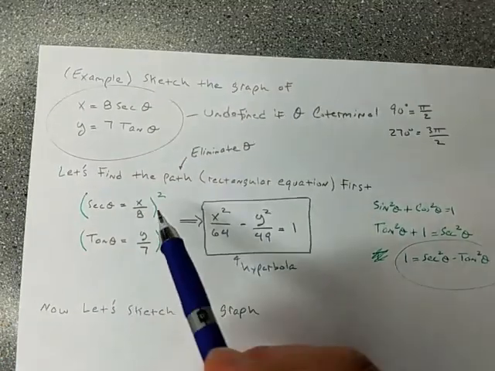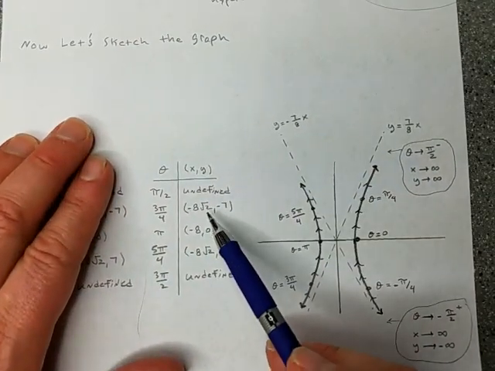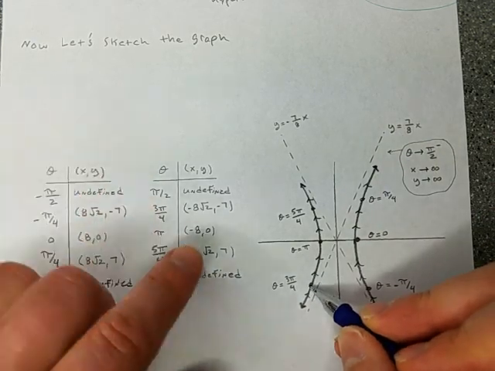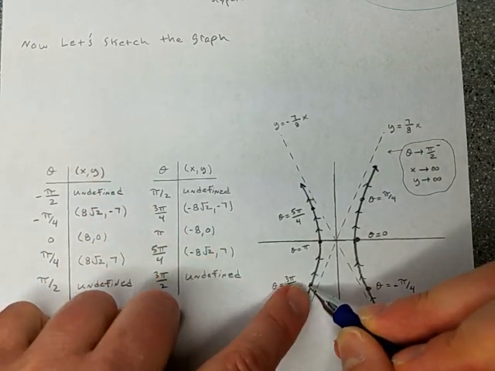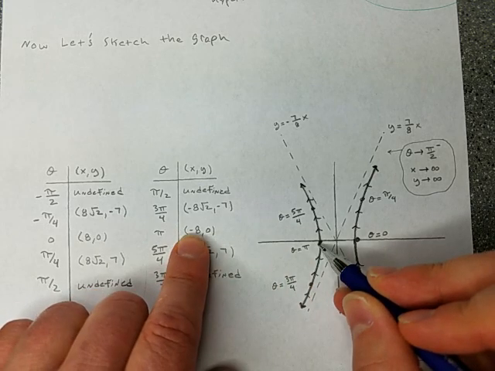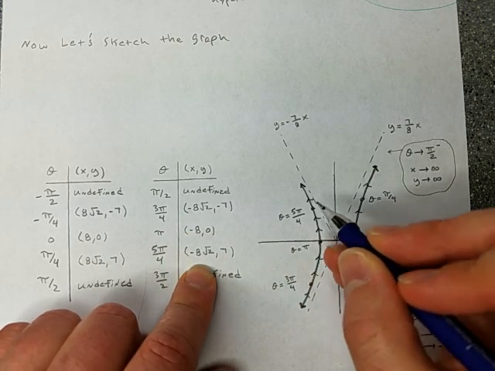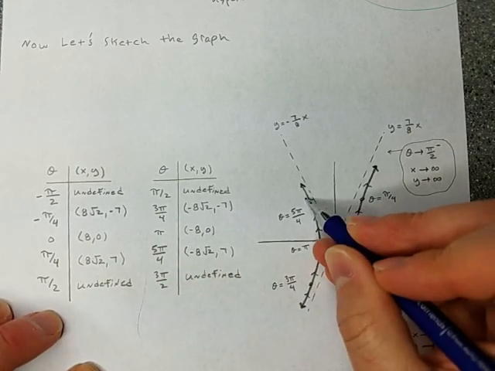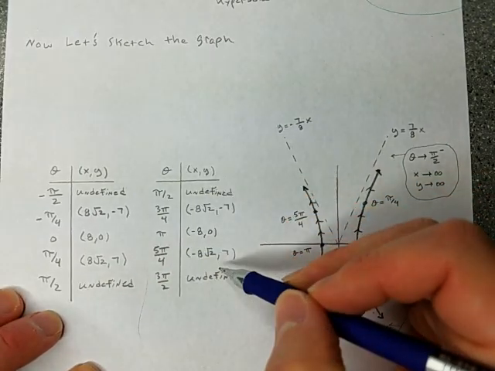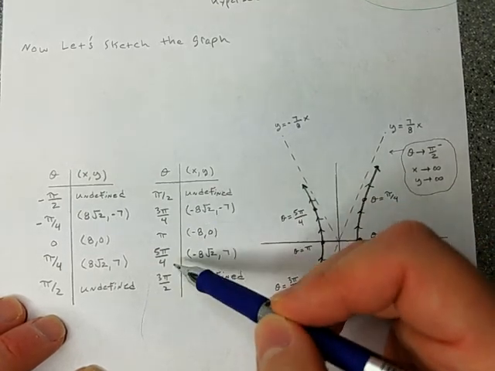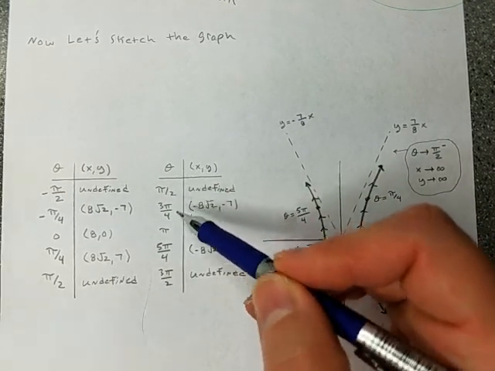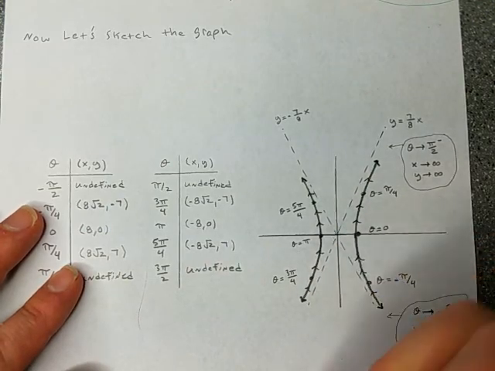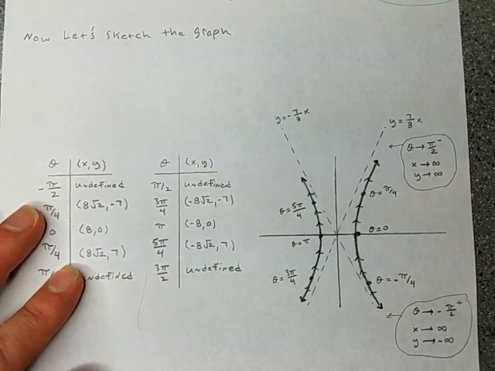And if you just did the math up there, you get that and that and that, and you're going to see your points advance from here, negative 8 root 2, negative 7, to here, negative 8, 0, to here, negative 8 root 2, 7. So like in that direction. In this table, advancing the angle theta from pi over 2 to 3 pi over 2, those are the points I can plot out. Okay, it's getting me that part of the hyperbola.